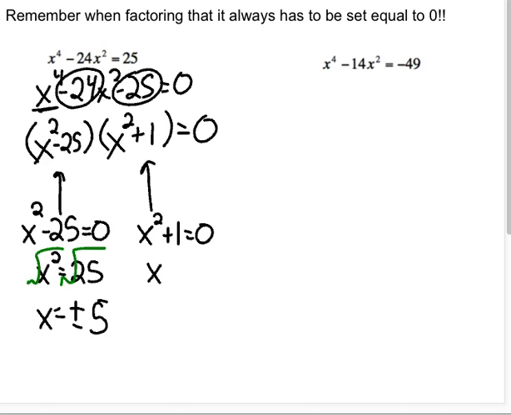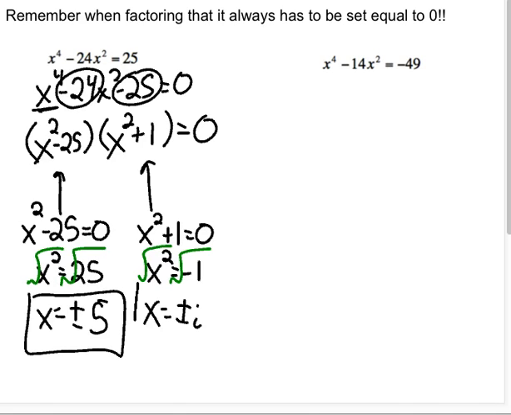However, for this other one, when I subtract the 1 over, now I'm going to be square rooting a negative number. And remember, whenever you square root a negative number, that's when you get your imaginary piece. And because the square root of 1 is just 1, I don't really need to show that because I already have the i there. So that's 1i. And that's going to be my 4 solutions.